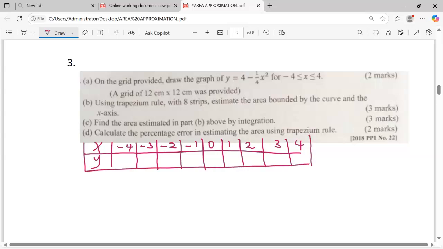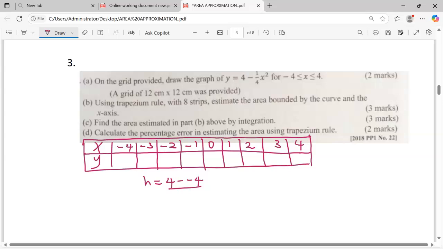The reason why I'm using a range of 1 unit is that under area approximation using the trapezium rule, the first thing we do is get the height. To get the height, we pick the maximum value of x provided, which is +4, minus the minimum value of x, which is -4, divided by the number of strips.